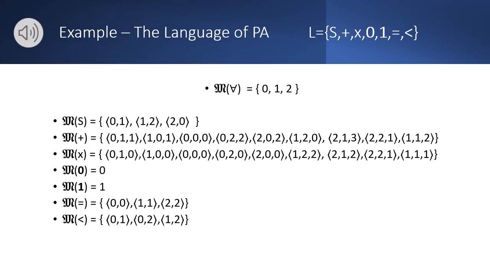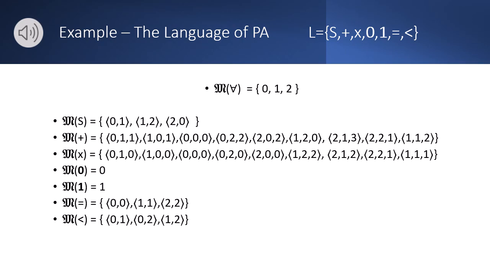Now, when we apply our structure to our function symbols, we're going to get back ordered pairs for our successor function, since it's a one-ary relation, and we're going to get ordered triples for our addition and multiplication function symbols here.